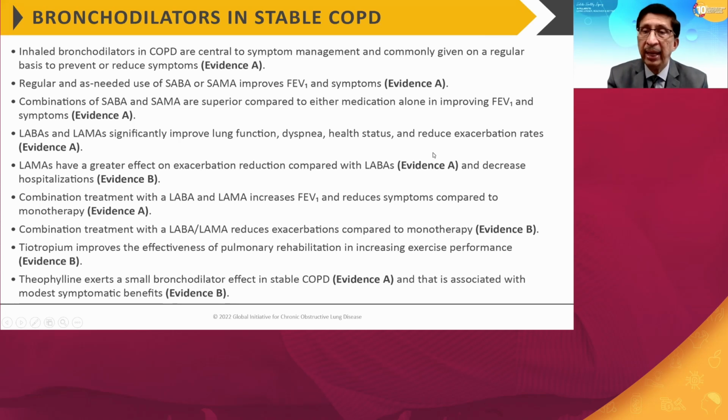That's why they've gained level A evidence, and some other trials show that they even reduce hospitalization, at evidence B. Combination treatment with a LABA and a LAMA increases FEV1 and reduces symptoms compared to monotherapy. And finally, the combination definitely reduces exacerbations compared to monotherapy.